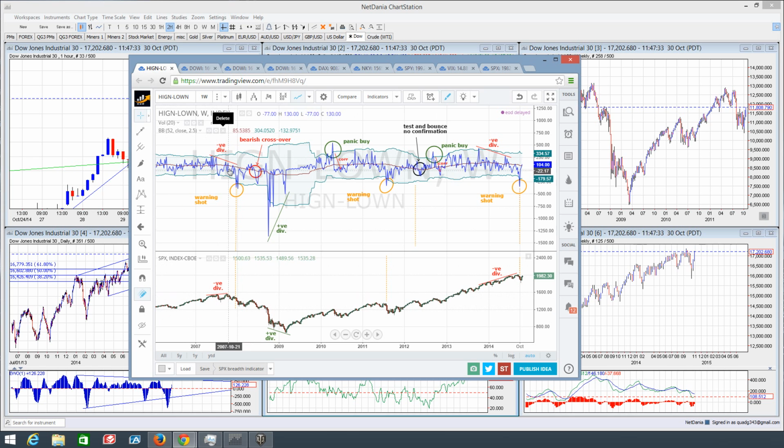Right around here, we got our first basic panic sell at the top of this previous uptrend. This was the warning that this market is probably getting toppy. We may have sealed in a significant, if not major, top, and we better be looking for protecting ourselves to the downside, because this market is not set to recover very quickly.